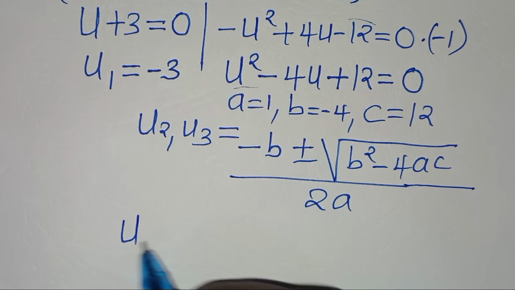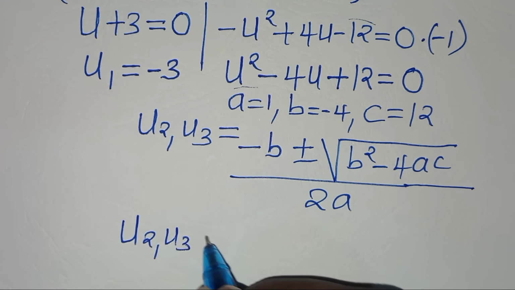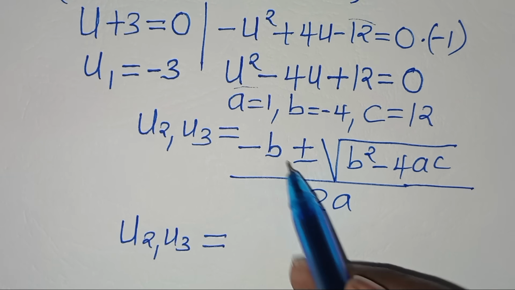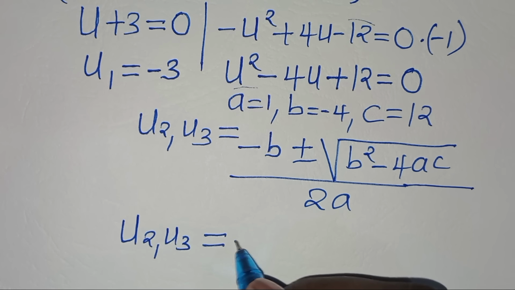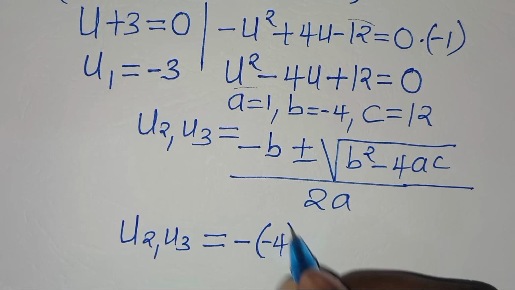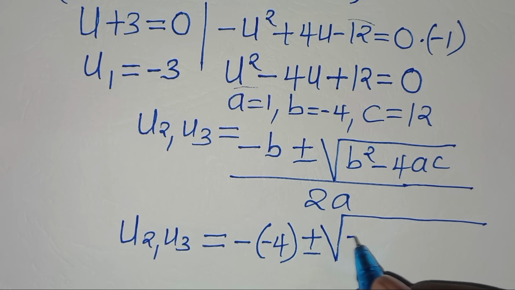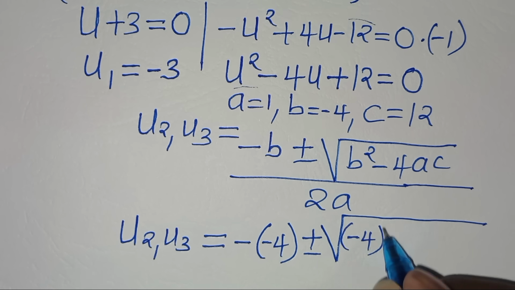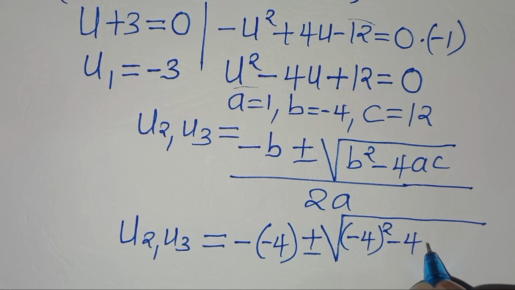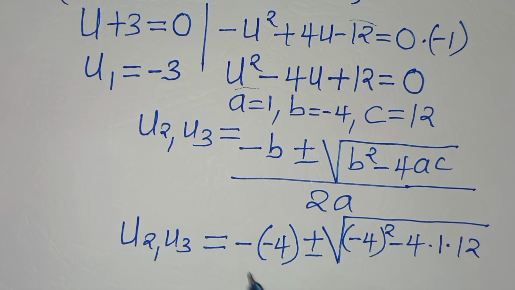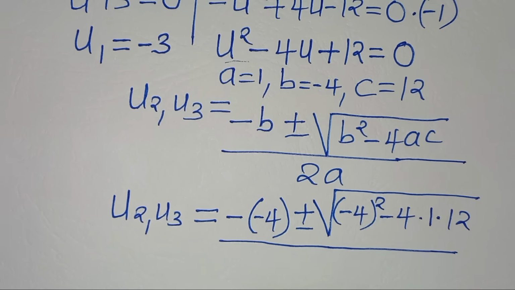So we have that u2, comma u3, this is equal to negative b. b is negative 4, so this is negative times negative 4 plus or minus the square root of negative 4 raised to the power of 2 minus 4 times a, which is 1, times c, which is 12, everything here divided by 2 times 1.